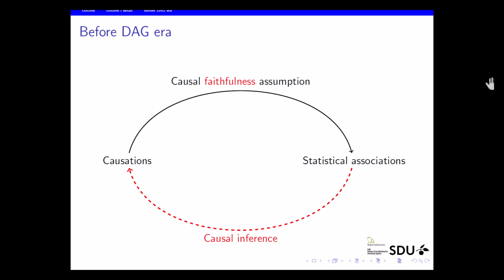However, we are facing several potential biases induced by confounders, selection bias, and information bias listed in the upper right box. The arrow with red dashed line from the association to the causation indicates that causal inference is not easy.